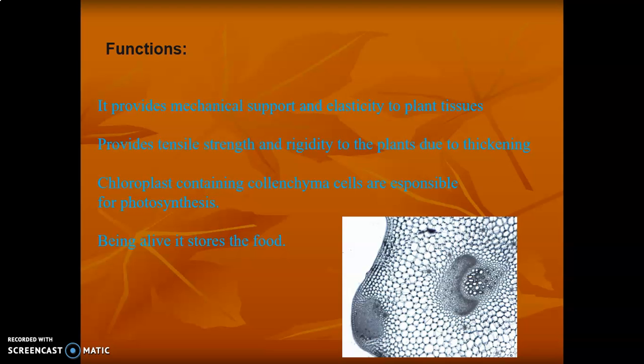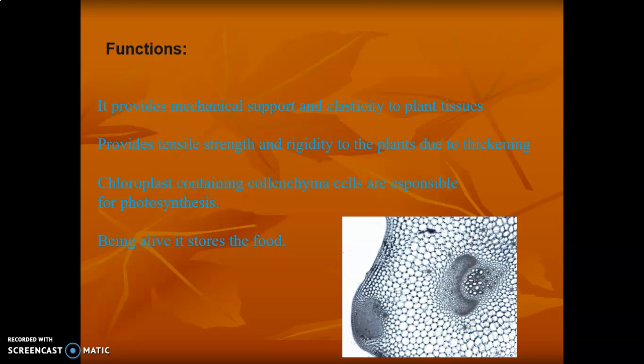The functionality of collenchyma tissue: it provides mechanical support and elasticity to plant tissues, and provides tensile strength and rigidity to the plants due to angular thickening. So the cells are thick enough to give strength and rigidity to the specific plant parts. Chloroplast-containing collenchyma cells are responsible for photosynthesis, and being alive at a certain age of a plant, it can store food also.